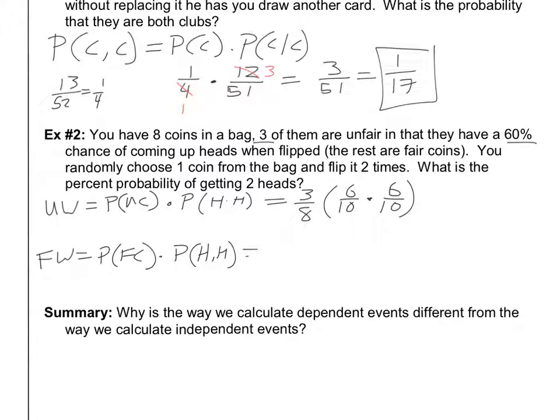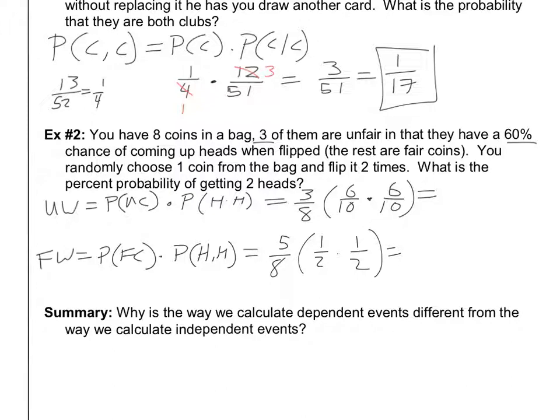We also have to take into consideration the probability of drawing the fair coin, which, if there's 3 unfair and the rest are fair, means there's a 5 out of 8 chance of drawing the fair coin. And fair coins are always 1/2 and 1/2. Okay, so we could work this out algebraically, but we're going to end up with something kind of nuts here.